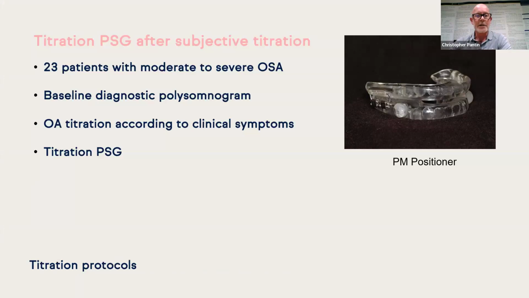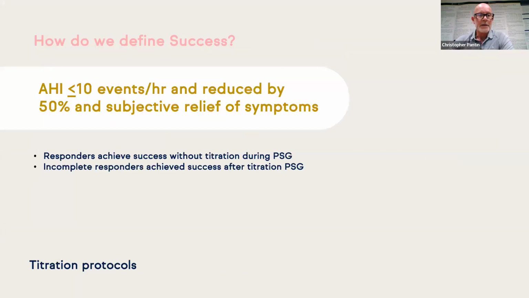The oral appliance titration was purely on clinical symptoms, so snoring, how they felt, etc. And then they did a titration PSG. They defined success as an AHI less than 10 events per hour and reduced by 50%, plus subjective relief of symptoms. So this is using objective and subjective criteria to titrate.